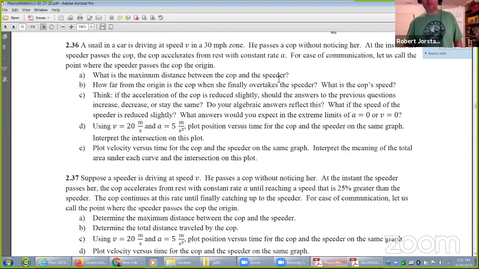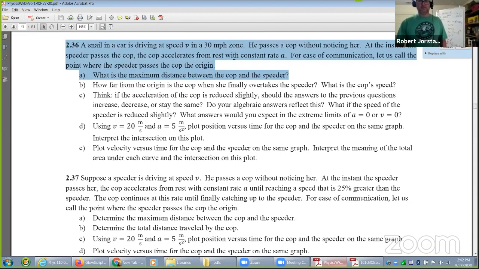This is another one where I didn't draw the picture, so this is a good one. You could try and draw your own picture and I'll draw mine. Try not to look at the solution at first, and let's focus just on getting part A. We're just going to do 2.36 through part A, and then we'll go beyond that in a minute.